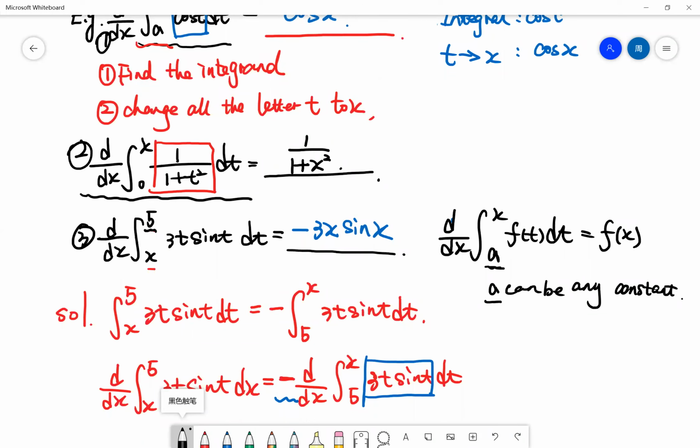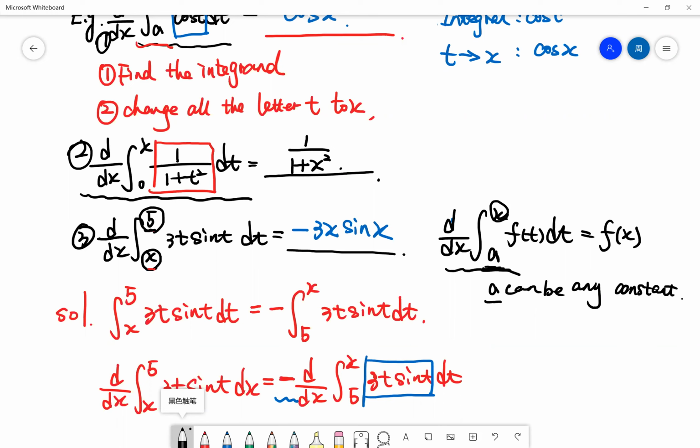So here, if I want to use this formula, you should pay attention to the lower limit and upper limit. The lower limit is a constant and the upper limit is a variable x, right? In the question, the lower limit is x and the upper limit is a constant.